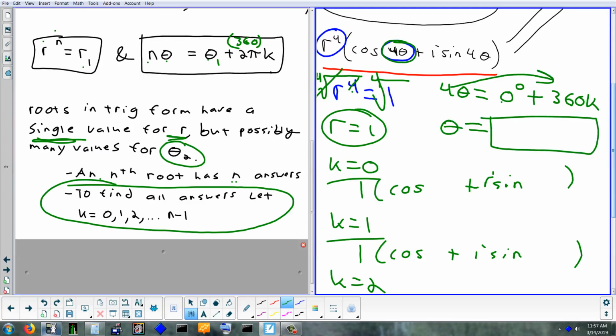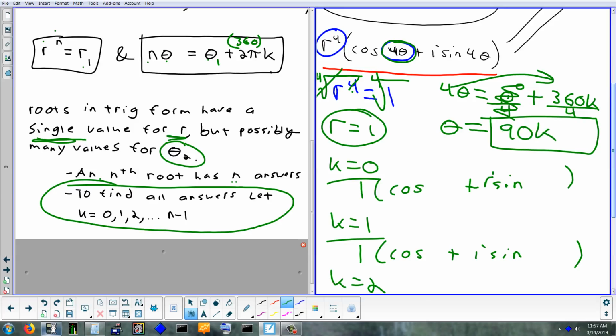How would you put that 4 on the other side? Yeah, you just divide it. Divide by 4. What's 0 divided by 4? You don't even really need that part. If it wasn't 0, I would. What's 360 divided by 4? 90.